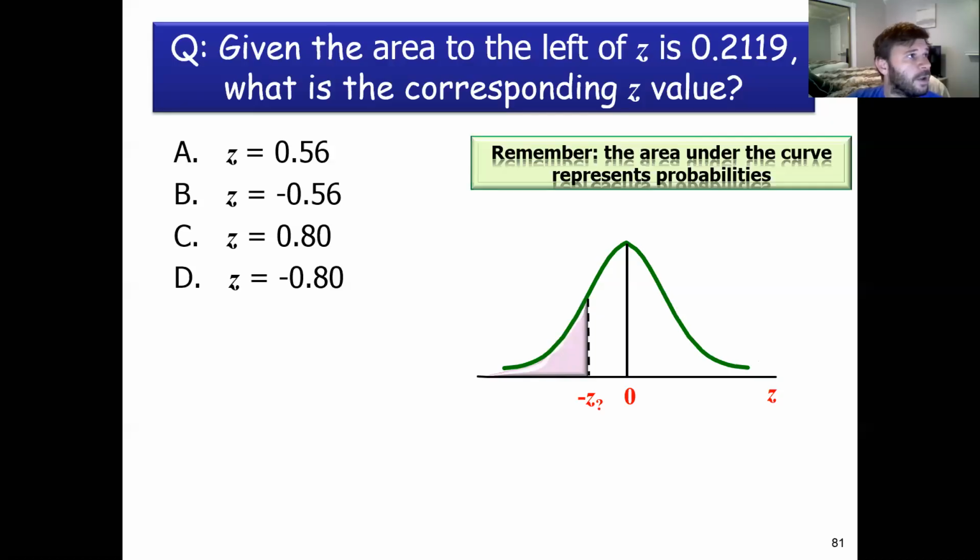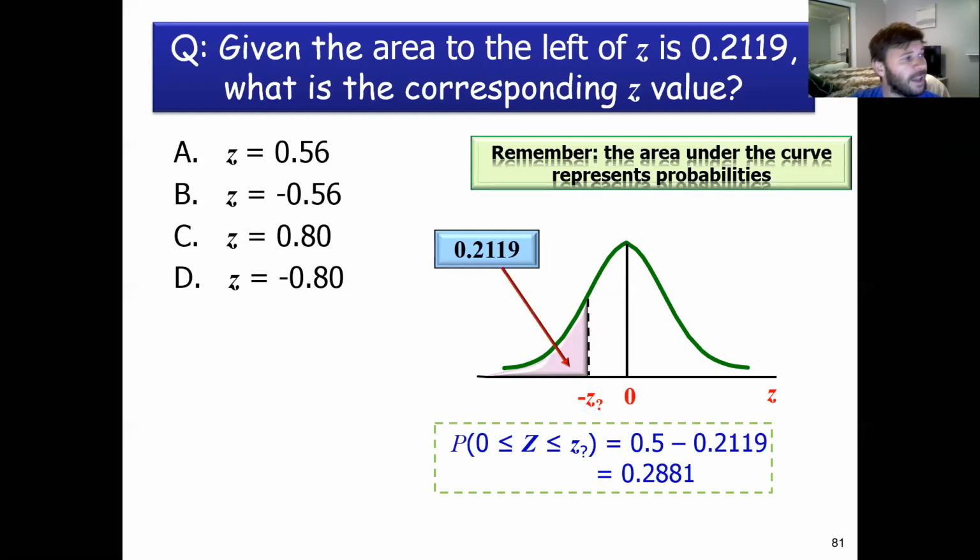Now remember, this is the probability that we're given, but the probabilities in the table correspond to the region between 0 and that negative z value. So in order to find the probability in the table and work backwards, we're going to have to subtract the pink region from 0.5, and that tells us the table value we're looking for is actually 0.2881.